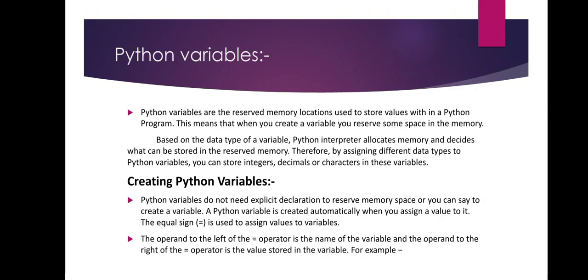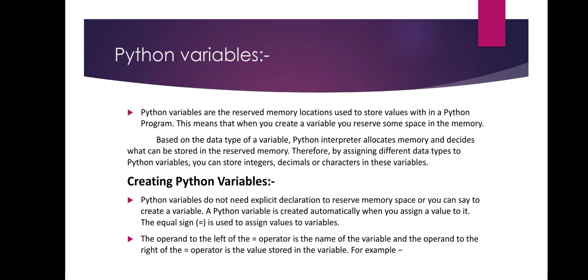Based on the data of a variable, the Python interpreter allocates memory and decides what can be stored in the reserved memory. We have different types of variables, such as integer variable and float variable.